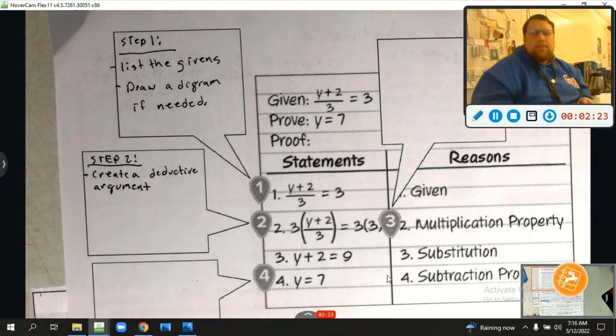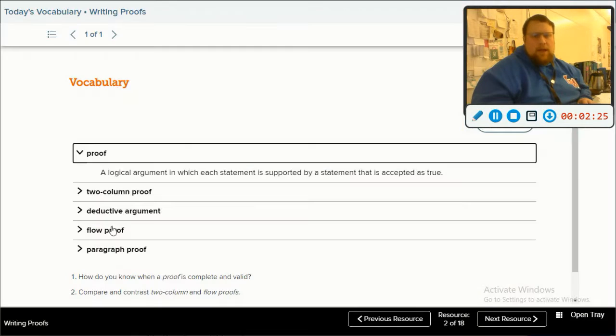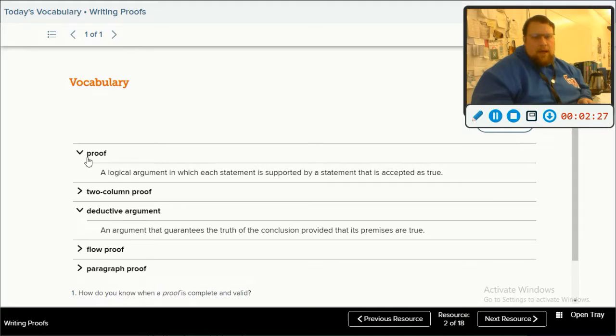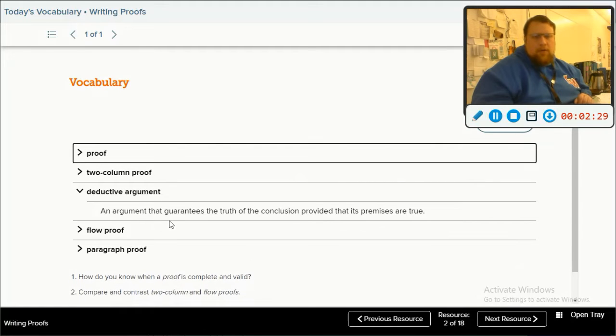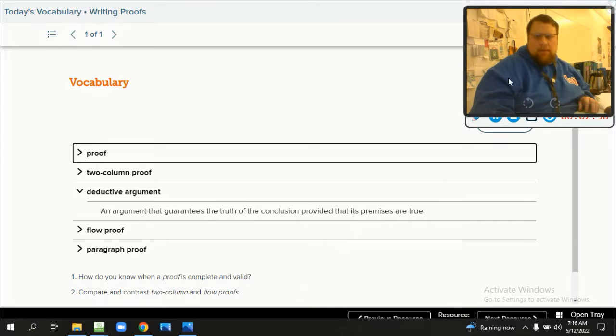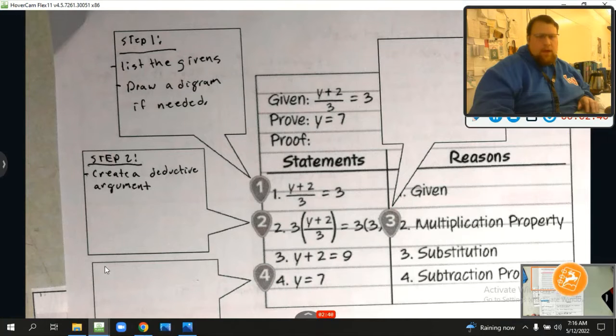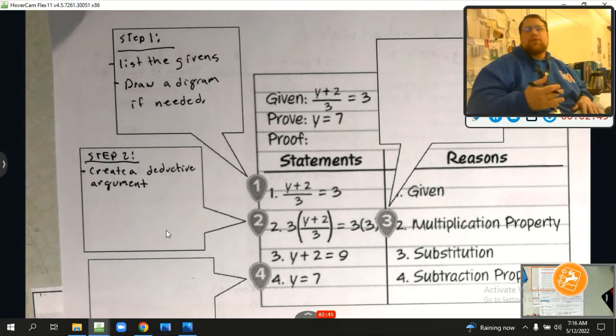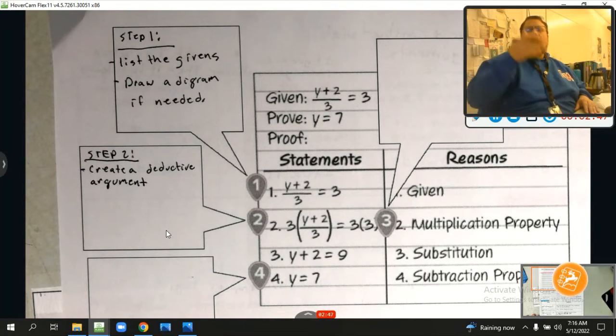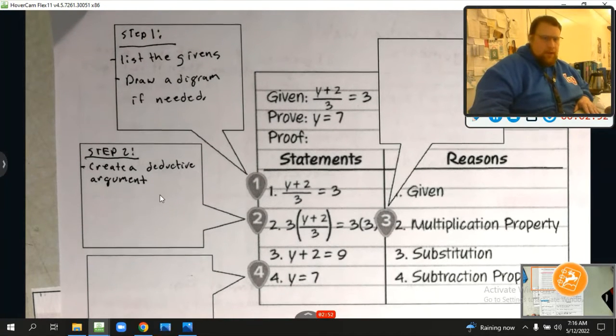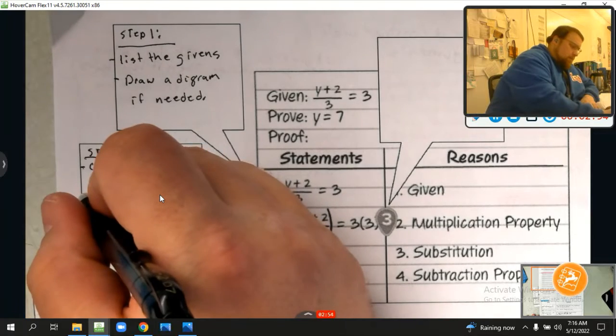I'm not asking you to write this down, but a deductive argument is an argument that guarantees the truth of the conclusion, provided that its premises are true. Basically, we're going to create a step-by-step argument here using postulates, because we accept postulates as true. So if we can use a postulate or a property to prove each step, then we're going to state that this ultimately is true.